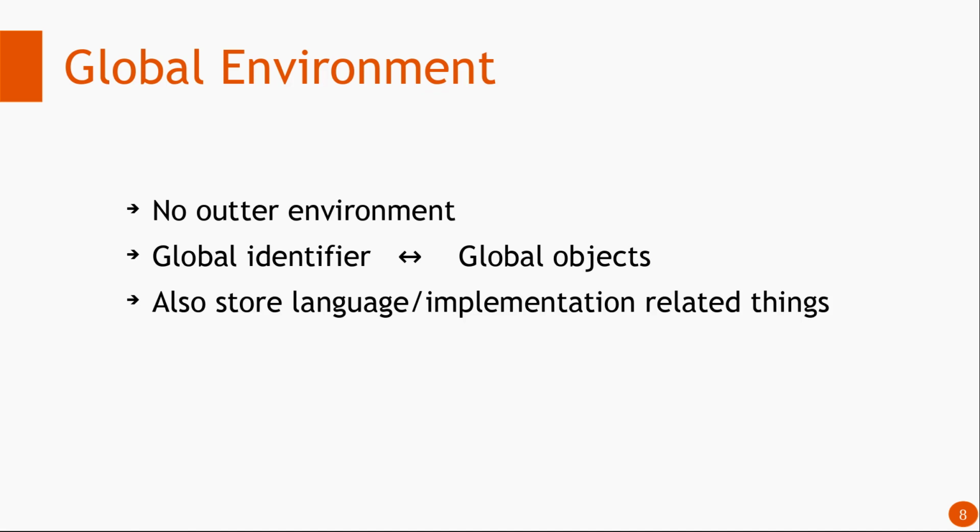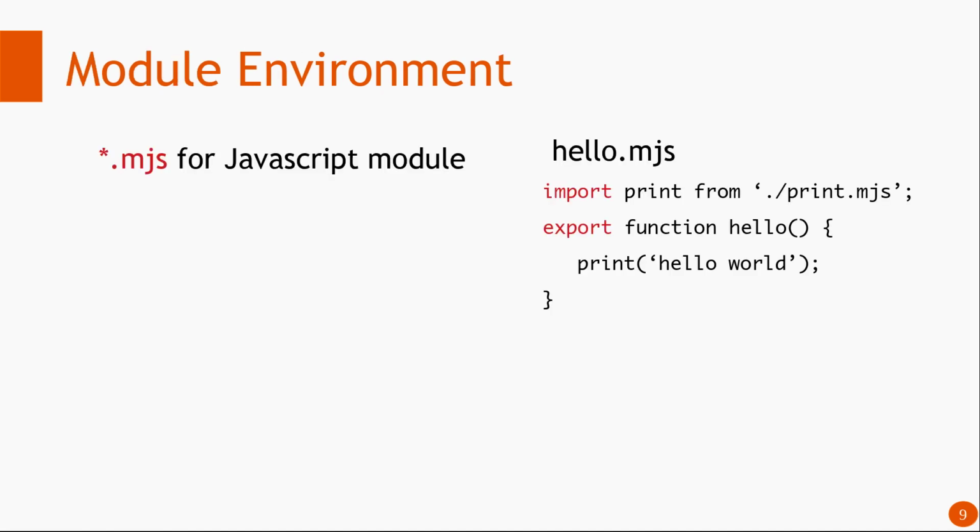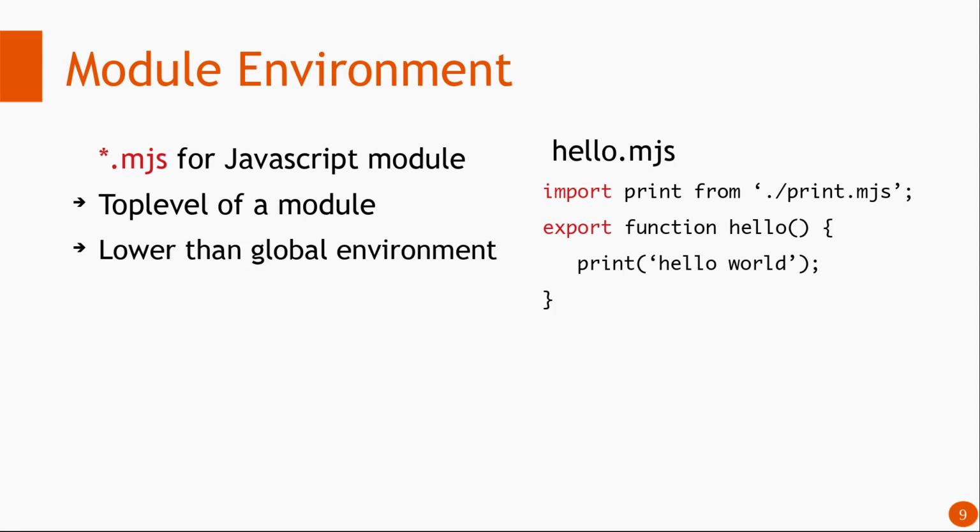Please notice that the global object is a special term in JavaScript. It's not simply the common object defined globally. It also includes language features and implementation-defined stuff, which may be hidden from common users. Module environment is the top-level environment of a module. Its upper environment is the global environment.